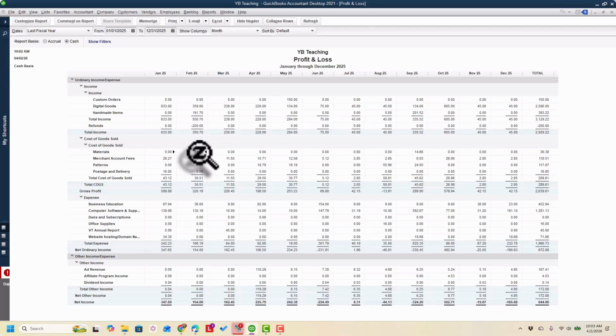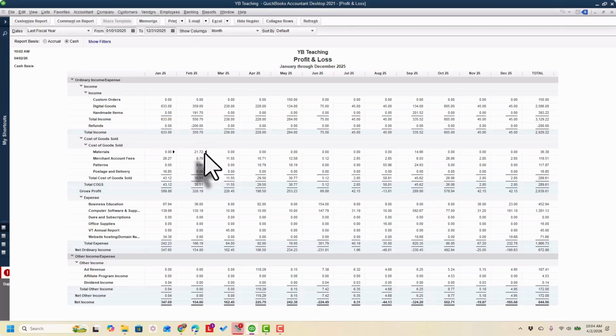Now, in order to make that $191, I used $21.72 worth of materials that came out of inventory. Okay, so I know, sorry, that you know I made a fair amount in profit.